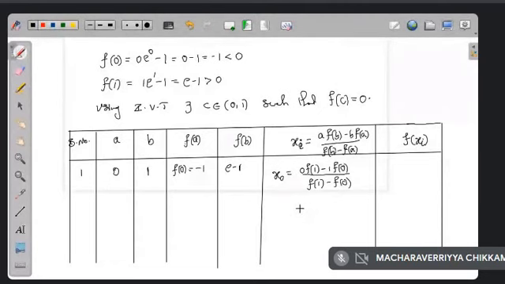So if you compute it, 0 into f of 1 anyway becomes 0, minus 1 into f of 0, and f of 0 is minus 1. f of 1 is e minus 1, minus f of 0 which is minus 1. So finally what we found here is 1 by e, because it is minus plus. So it is just 1 by e.